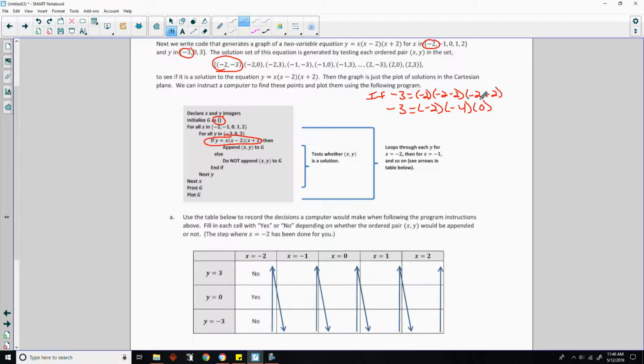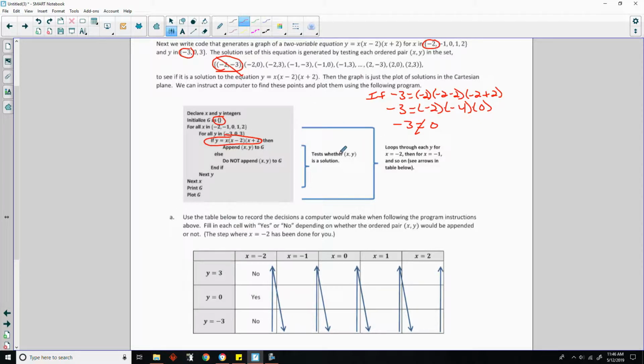And as soon as I see this 0, I know there's a problem because this is multiplication, and anything multiplied by 0 is going to give us 0. That is not true. So this point, -2, -3, will not be appended to the set G. We'll get to that in a minute, but that's what we're doing.